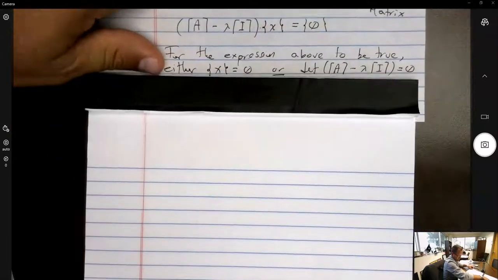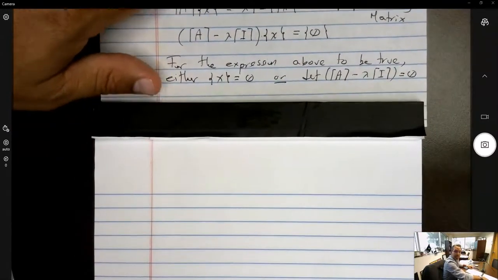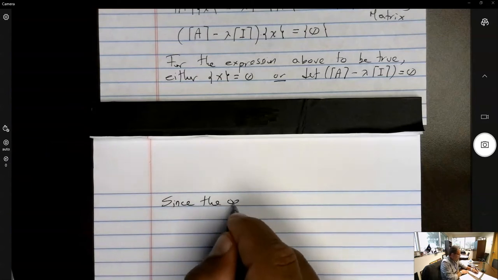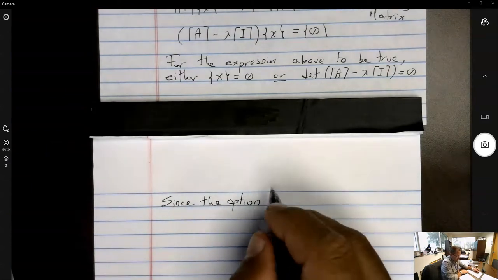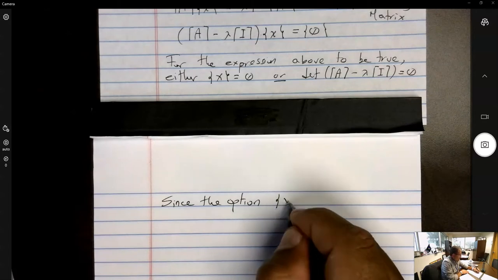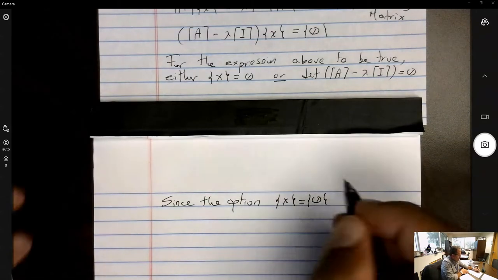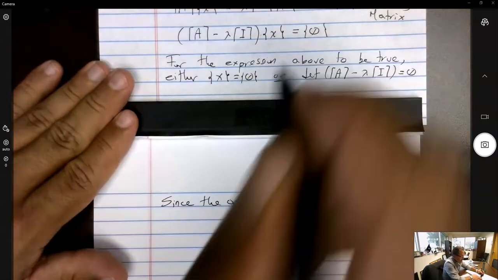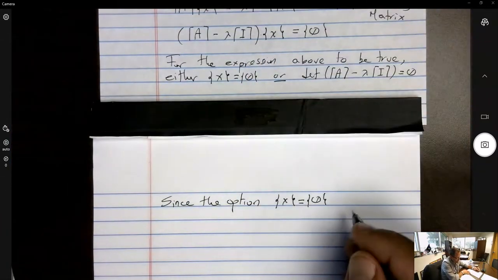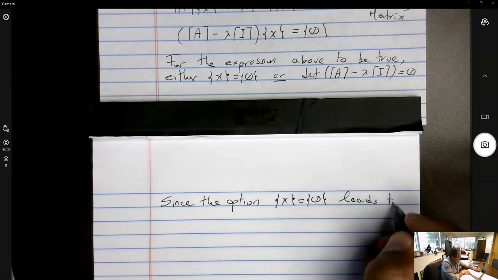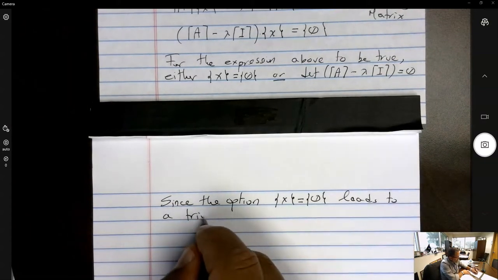So since the option x equal 0, which by the way is also a vector of zeros, leads to a trivial solution.